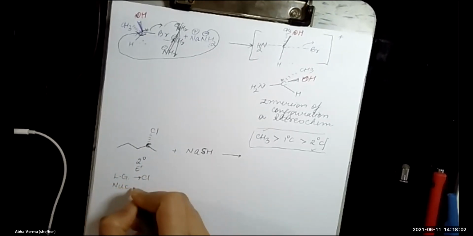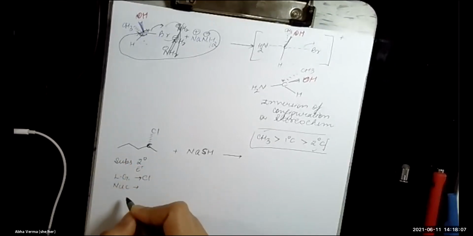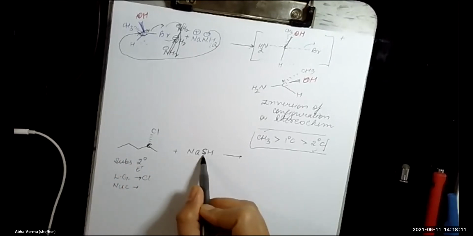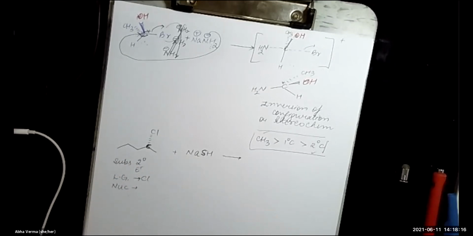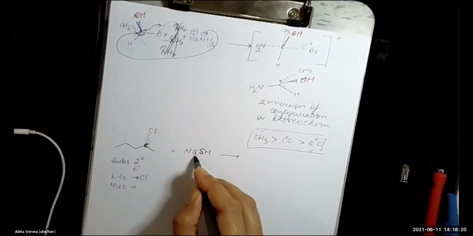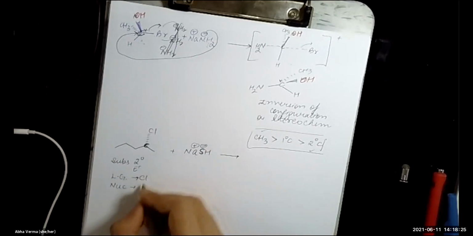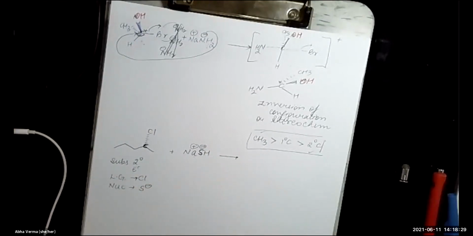What is my nucleophile here? This is my substrate. I have the leaving group, and the nucleophile. What is my nucleophile here? Na, S, or H? Which atom will I start my attack from? Na is positive, S is negative. So this S negative is going to be my nucleophile. I have a secondary substrate. I have a strong nucleophile.